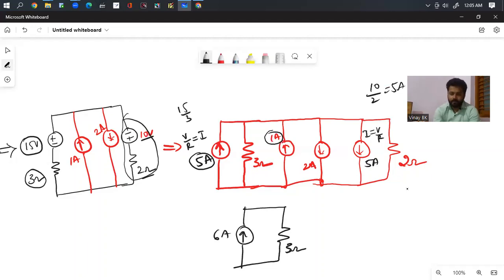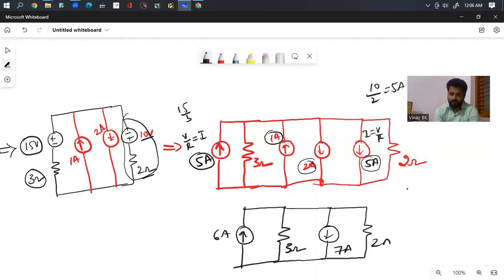Similarly, 2 and 5 amperes are flowing in downward direction, so 5 plus 2 is nothing but 7. Same direction means addition. 7 amperes is flowing downward with respect to the 2 ohm resistor.